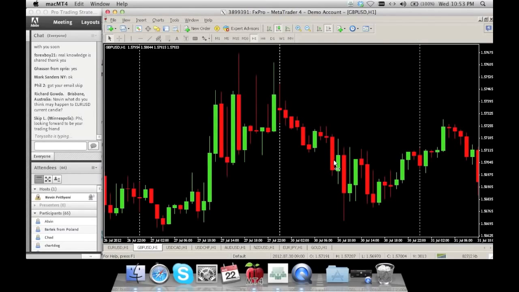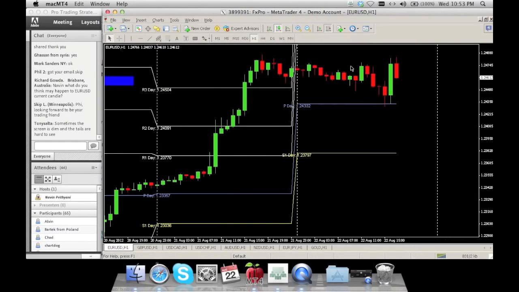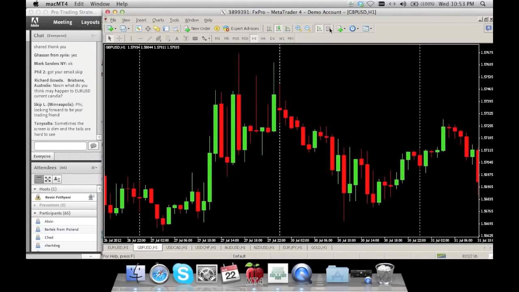What do you think may happen to Euro USD current candle? Okay, let's take a look. 1 second here. Euro USD current candle, temporarily short and then long. Let me take a look at the other pairs if you guys want the current analysis.